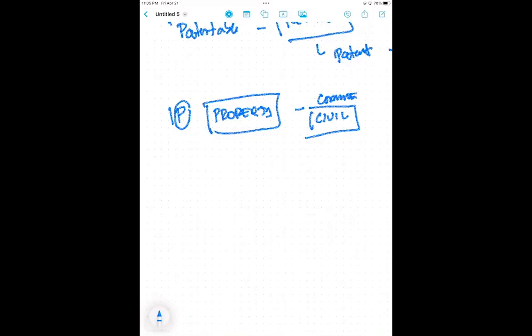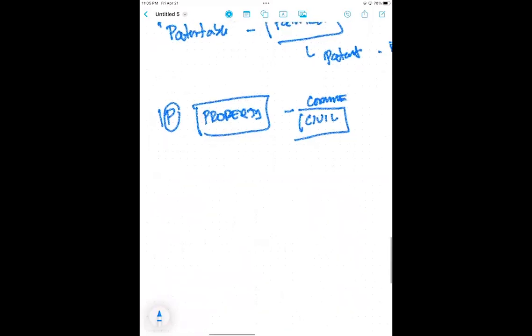Okay? I'm sure your civil law professor or reviewer discuss intangible properties, and that includes intellectual property, right? But there is a special law on IP. Okay, and this is RA 8293, which is covered under commercial law.